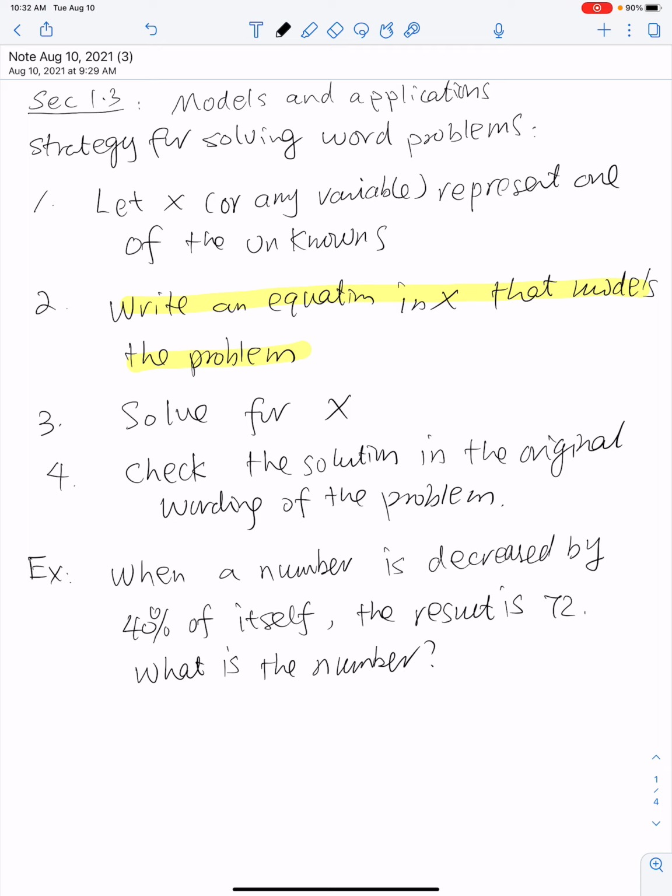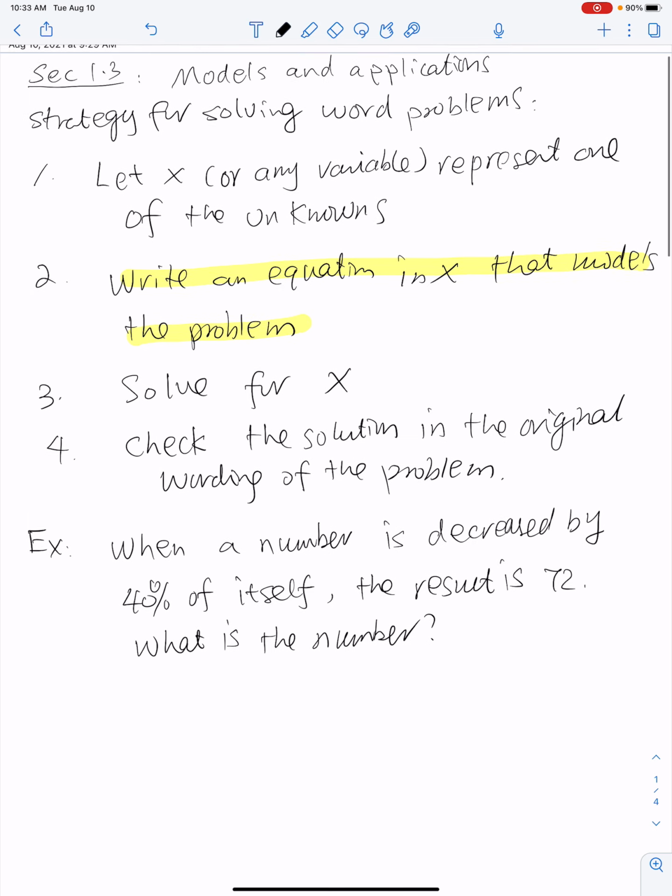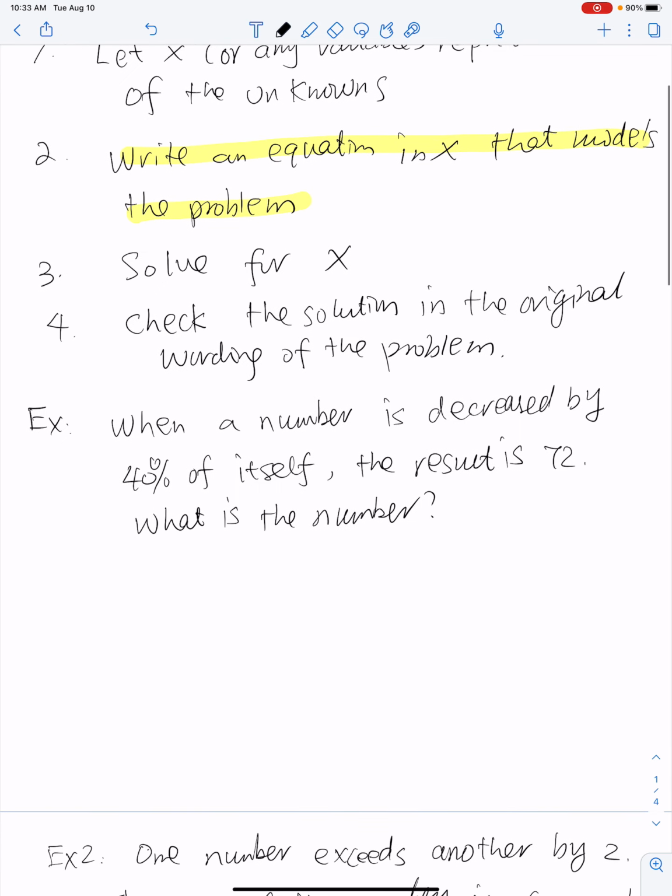And if you set the length to be x and you get x to be -5 centimeters, could we have negative length? No. So for these questions, you have to check your answer in the context of the problem, not only for the math part. Now let's look at some examples.